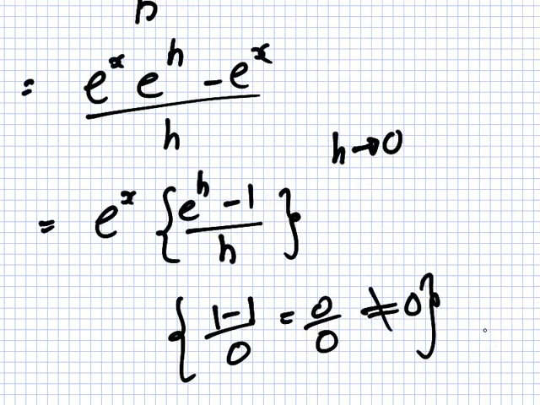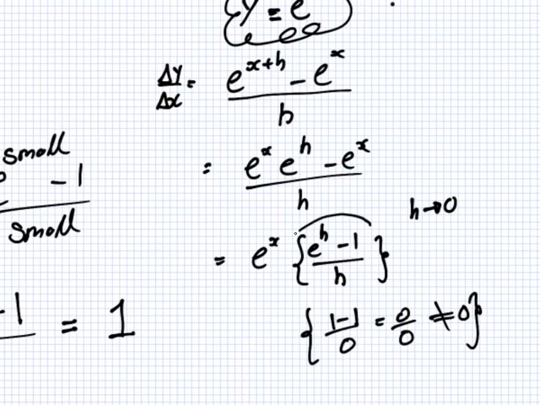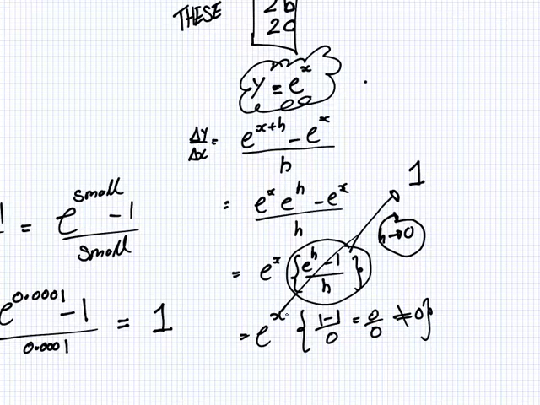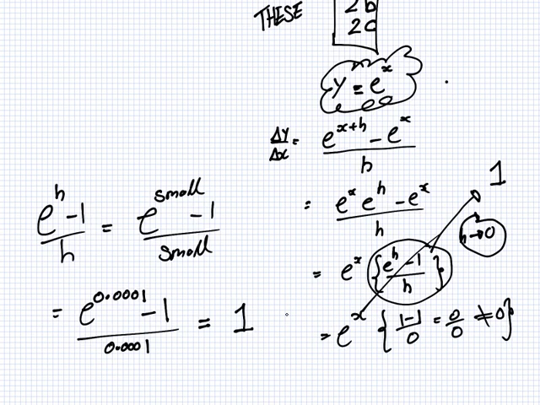So this piece actually becomes 1 if h is small enough. That's all gone, and you're left with just e to the x. So if we say the limit as h goes to 0, that's what we're going to write.